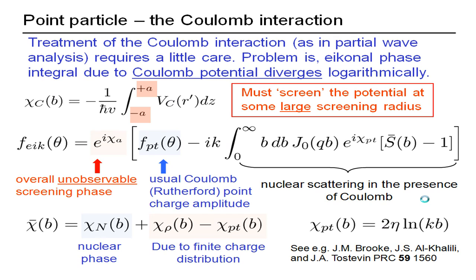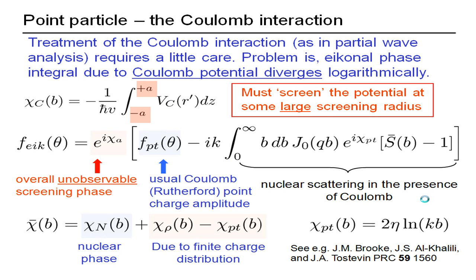And the effect is as follows. Just as in the partial wave way of doing things, the eikonal amplitude becomes the sum of a point Coulomb charge. You can pull the point Coulomb amplitude out the front, and then you get the extra scattering due to nuclear in the presence of Coulomb. Very similar structure to what you've had before. And this large radius that you cut off at, you can show if you do the analysis, and I'm not going to do it for you, appears as a phase sitting out the front.